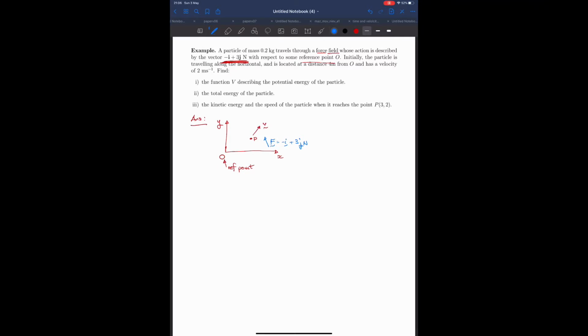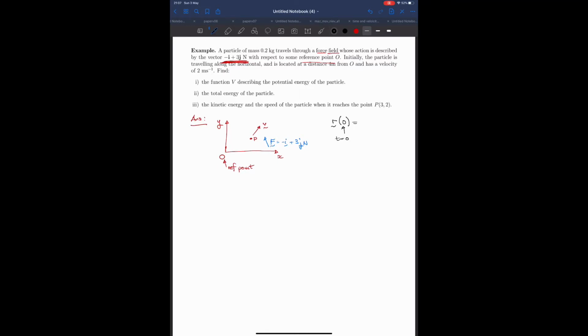It says initially our particle is traveling along the horizontal. So this means that the position vector that characterizes the position of our particle when time t equals 0, it's said to be traveling along the horizontal axis, so that's x.